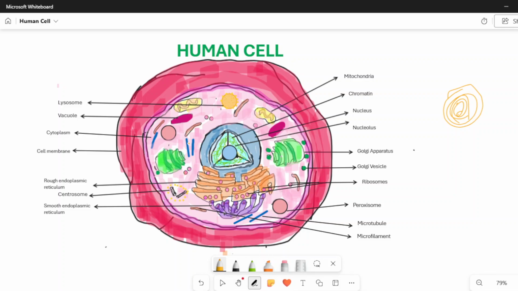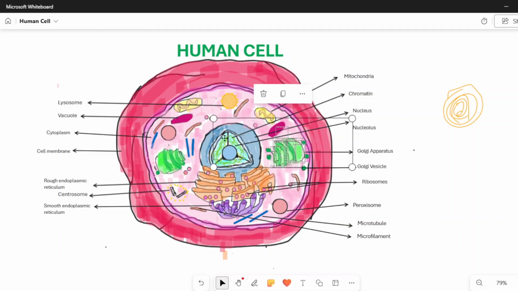When we cut open that cell, we see all these organelles inside it. The first one you can see is the nucleus, the bigger one. The nucleus is spherical in shape, and once we cut open the nucleus, you can see the nucleolus, the dense part inside.